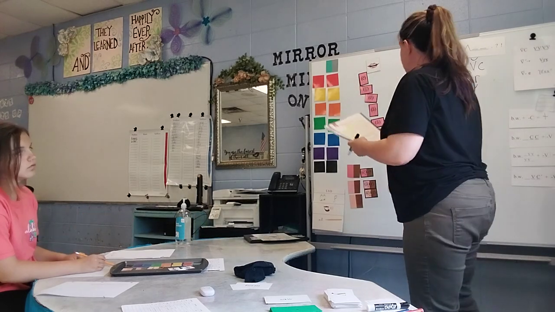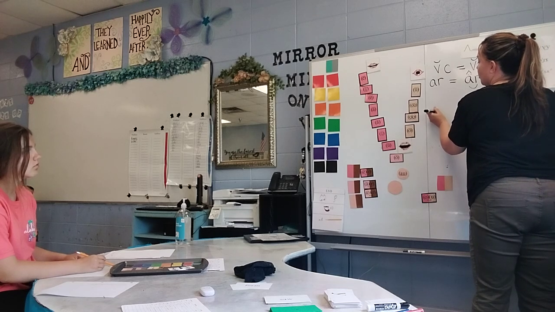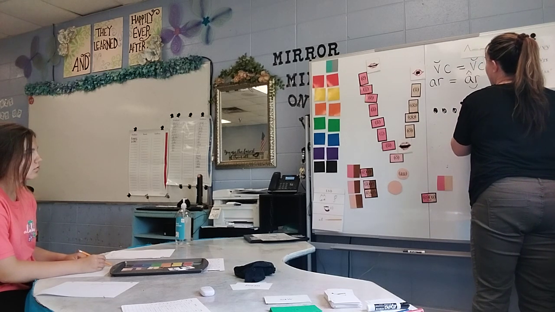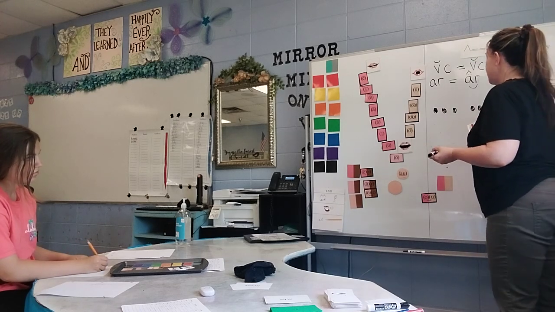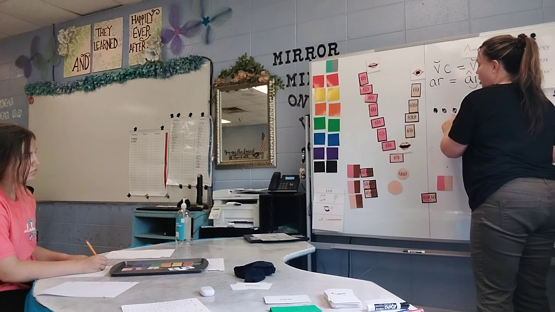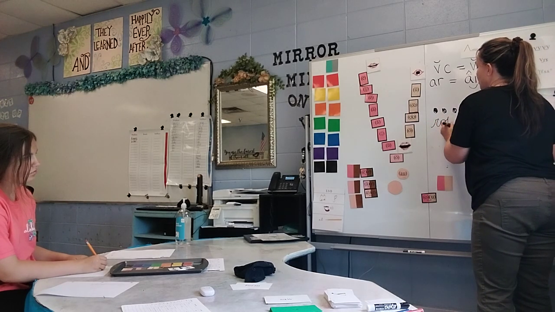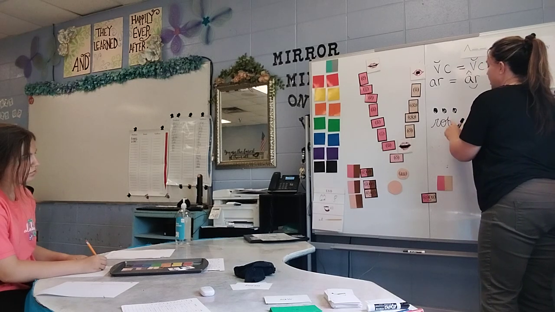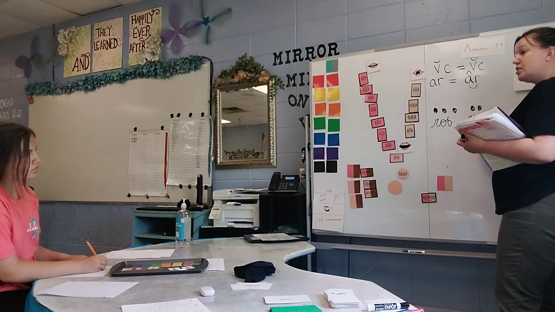Okay? So, we're going to do dots instead. Let's look and say we have touch and spell. R-O-B-E-R. Now we've got to decide, this is our base word, this is our suffix.